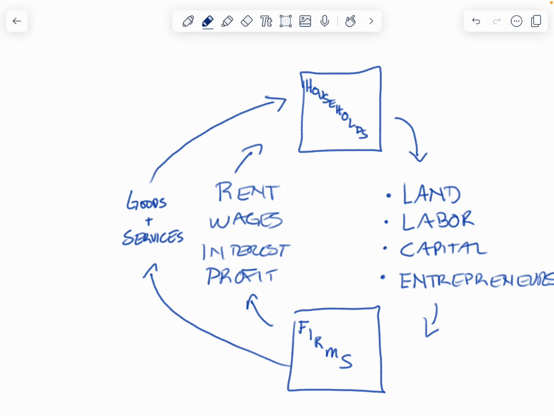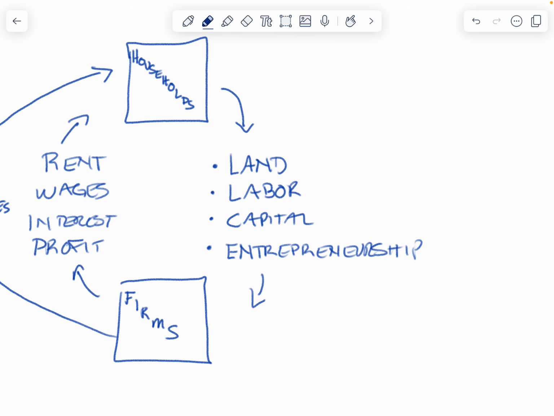Those cupcakes will be purchased by the household, and the household will, in turn, send money down to the firms.